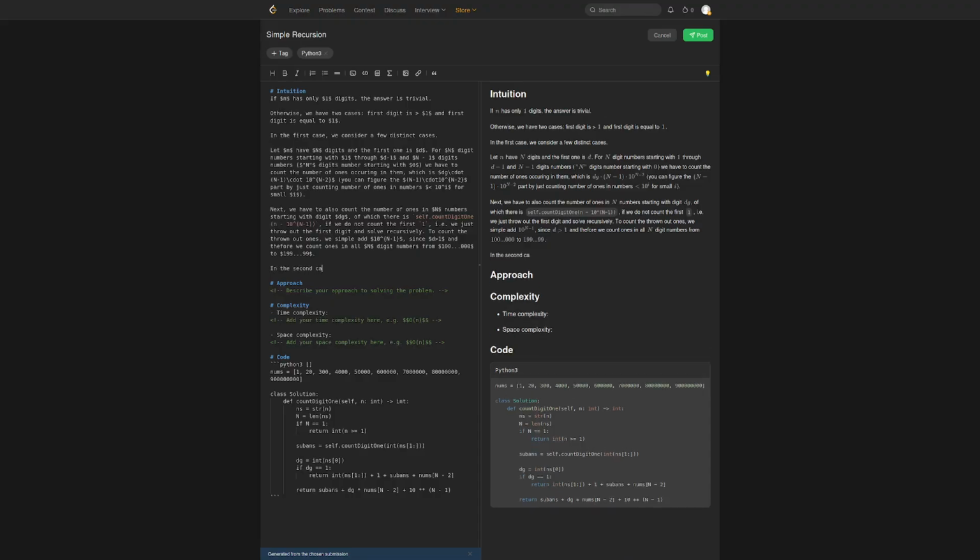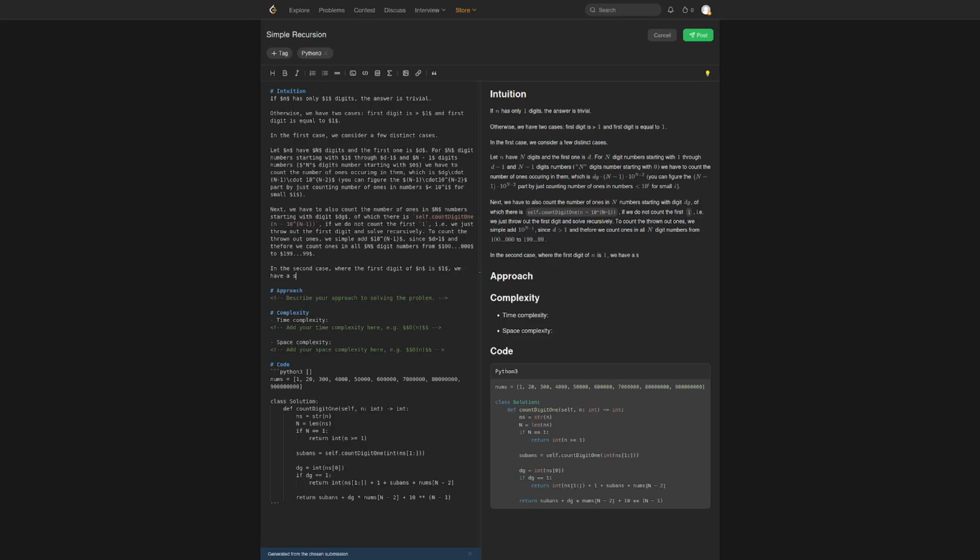In the second case, where the first digit is 1, we have a similar case.